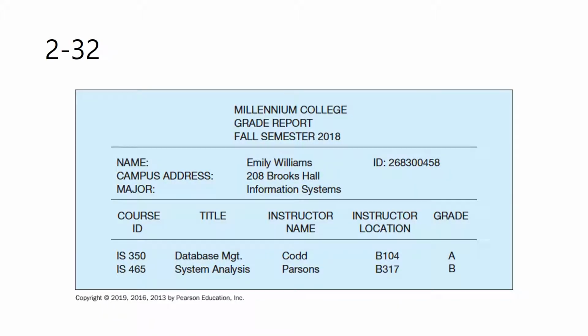Figure 2-26 shows a grade report that is mailed to students at the end of each semester. Prepare an entity relationship diagram reflecting the data contained in the grade report. Assume that each course is taught by one instructor.